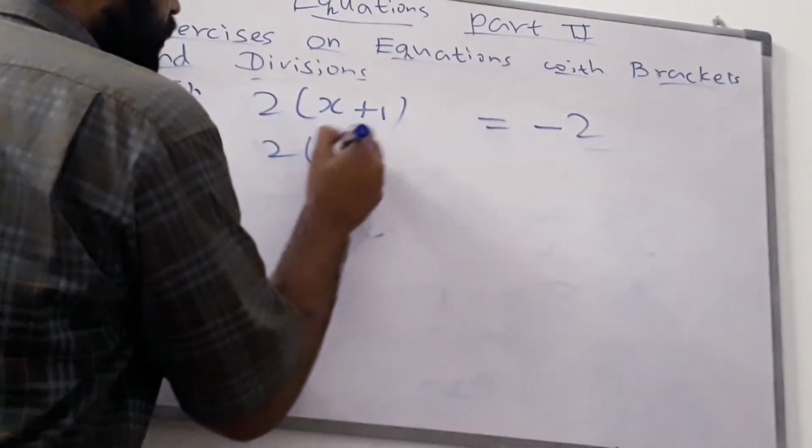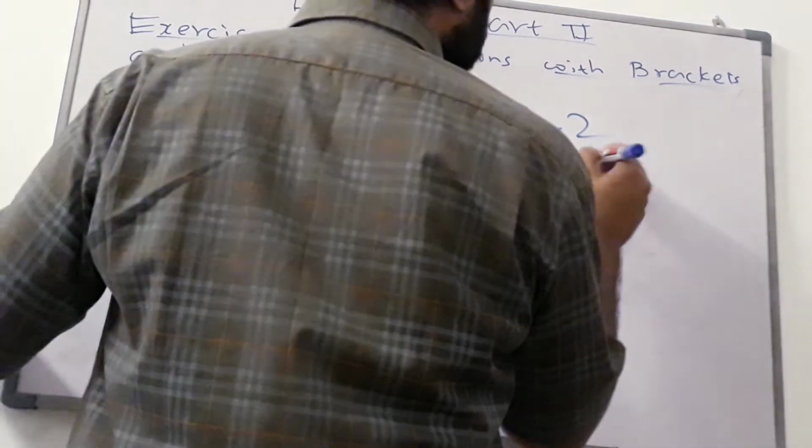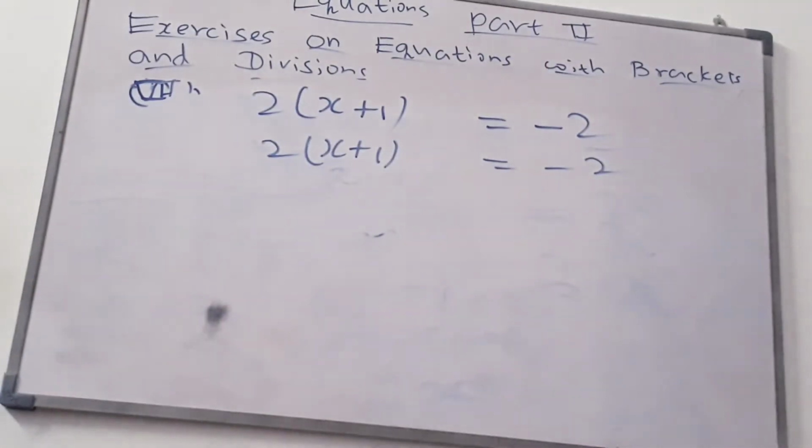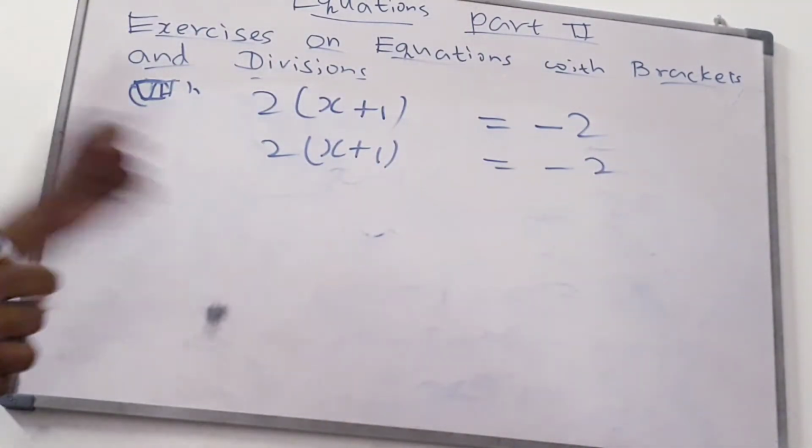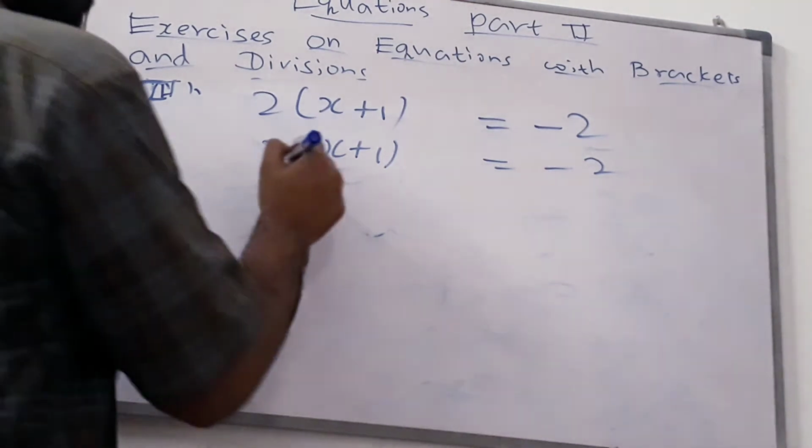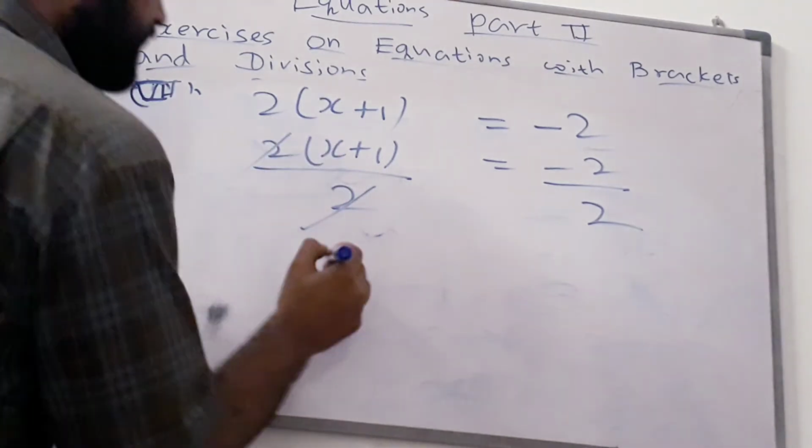Okay, first we have to remove the 2 here. Why? Because 2 is common to x plus 1, and minus 2 is divisible by 2 as well. By 2, 2 to 2 get cancelled.